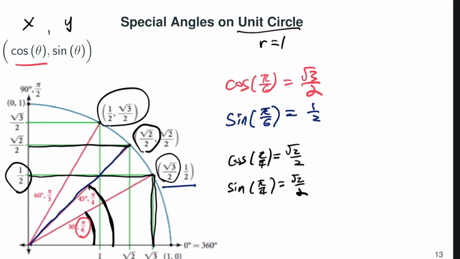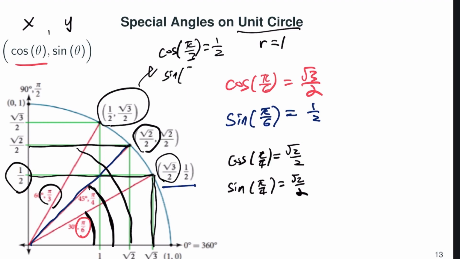And here, what is this angle? Pi over 3. That means it's 1/3 of pi. Cosine of pi over 3 is half. Sine of pi over 3 is square root of 3 over 2. And for tangent, we can just do sine over cosine to find the tangent of each of these values.